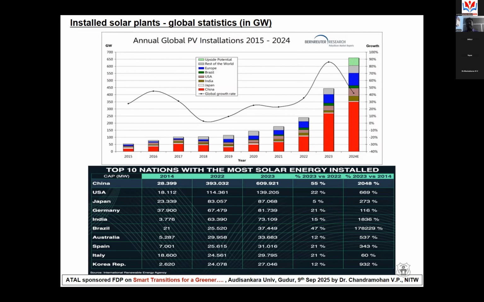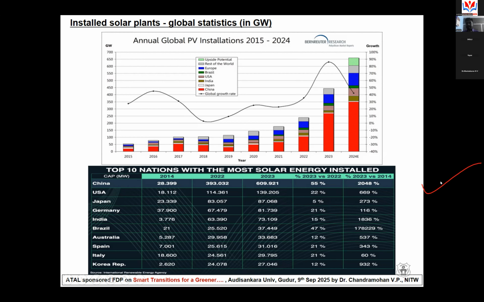Almost all the desert areas, hill areas, river areas, lakes, and unused lands, they are installing PV panels and always generating electrical power.